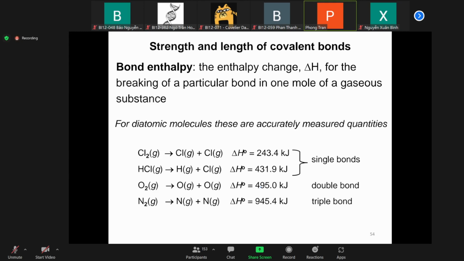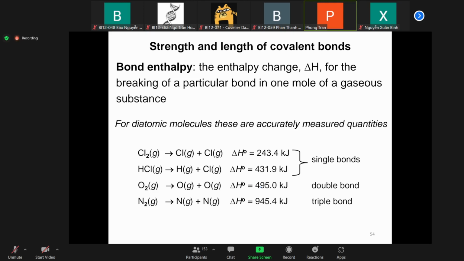So you see that when we define the ionization energy and the bond energy, we define them on the basis of 1 mole of gaseous compound. That means we do all the physical state transformation from the solid or the liquid to the gas, and then we make the calculation in the gas phase.